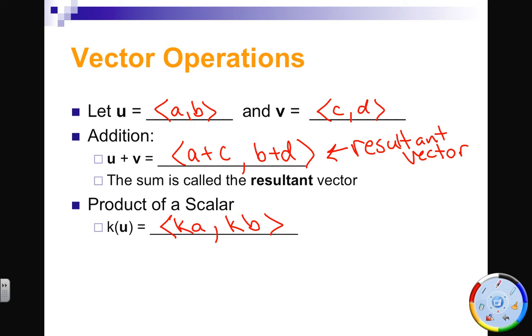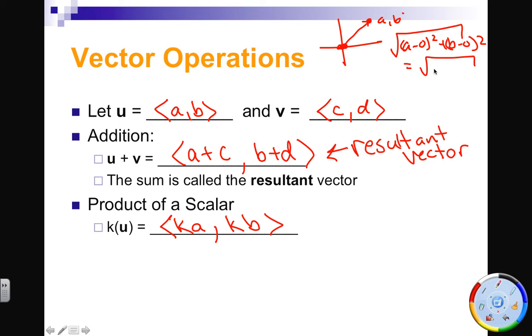Oh, and I didn't really mention this yet, but if you were to think about finding the magnitude in component form, since component form starts at the origin 0, 0 and goes out to a point A, B, finding the magnitude of this just became a lot easier because it becomes the square root of A minus 0 squared plus B minus 0 squared, which is actually just the square root of A squared plus B squared.